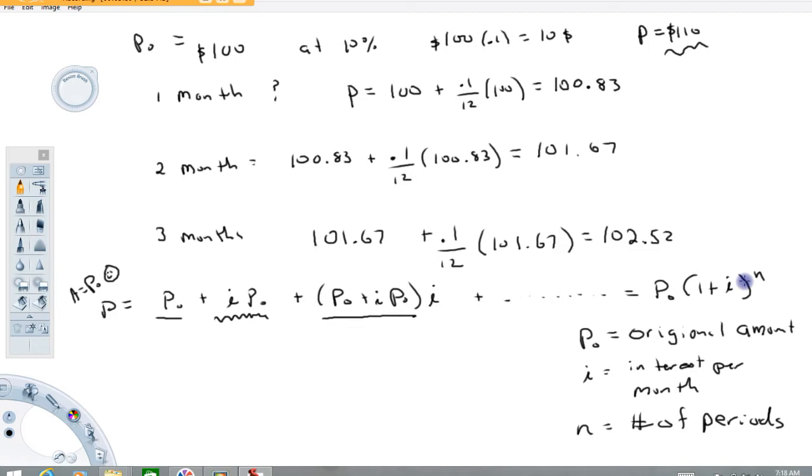I'm going to go through the example that's in your book on 16.5. It says to use the compound interest formula, and I'm going to write it P equals P sub O times 1 plus I to the n. I know it says A, but I can't help myself. Initial principal makes more sense to me.